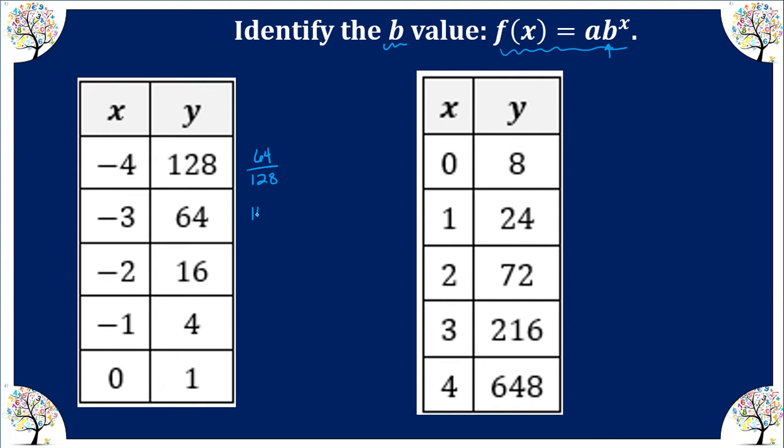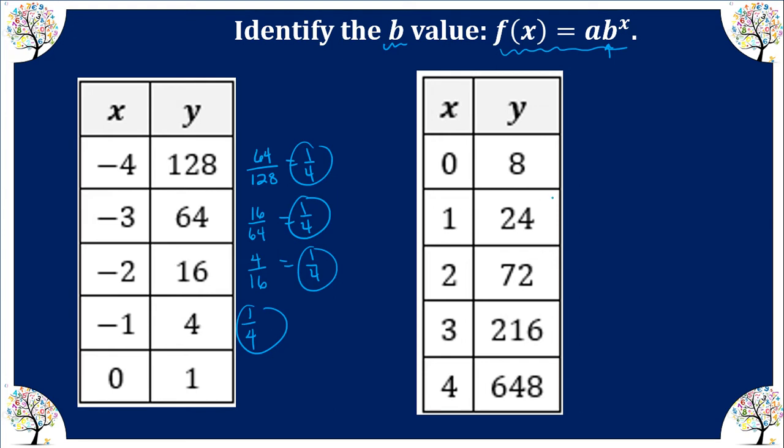So I will have 16 over 64, and then 4 over 16, and then 1 over 4. These all simplify to 1/4. So this is the common ratio, this is our b value. If I were to start writing the equation, 1/4 would be our b. These are decreasing by a factor of 1/4. So that is the pattern there.